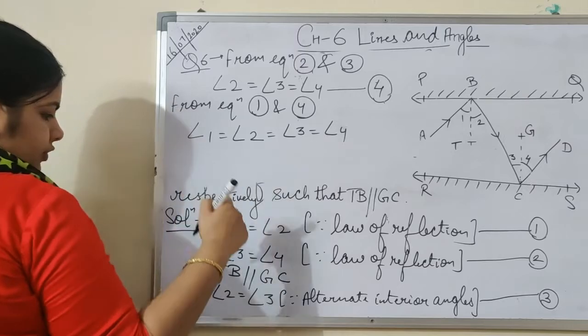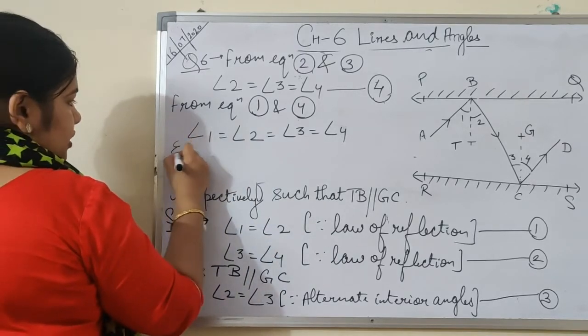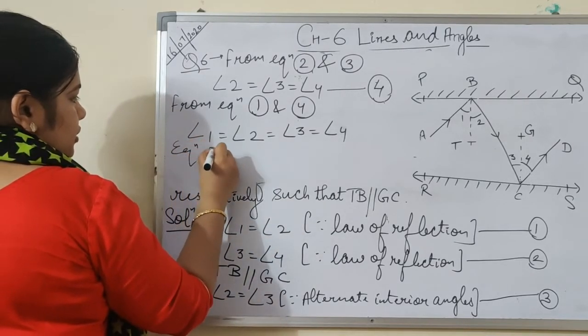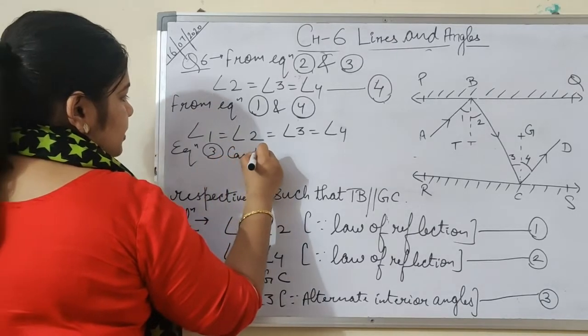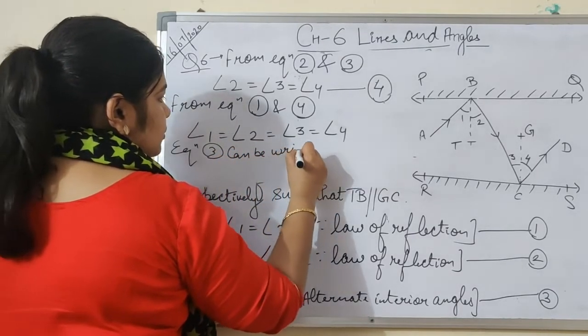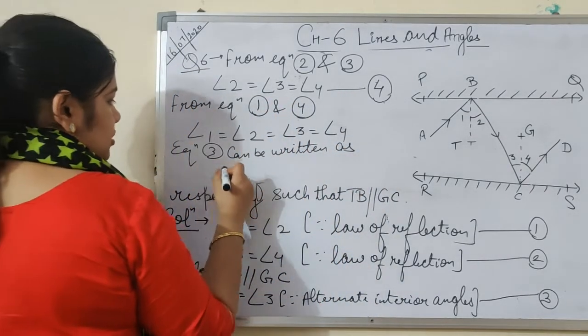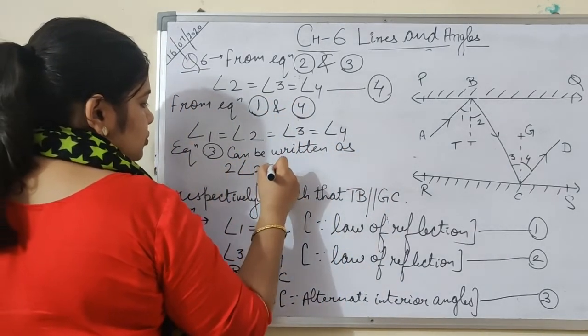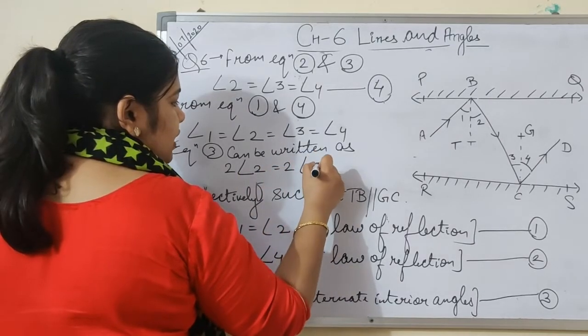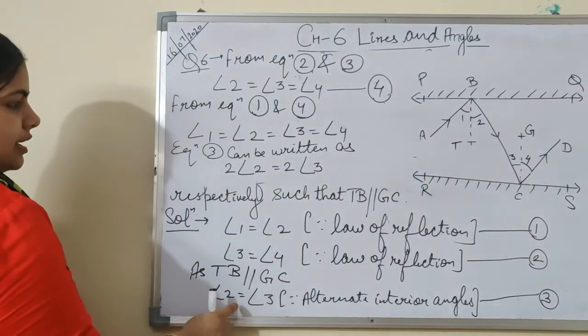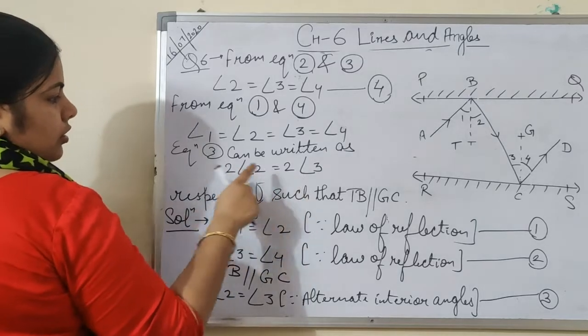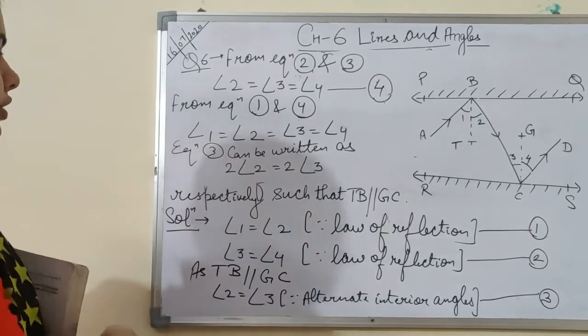I'm using, okay, now equation number 3 can be written as twice of angle 2 is equal to twice of angle 3. What I have done, I have just multiplied 2 on both the sides of equation number 3.